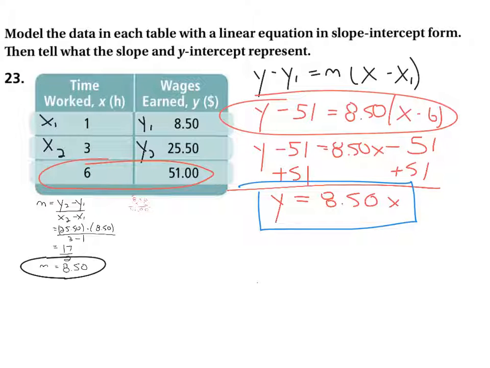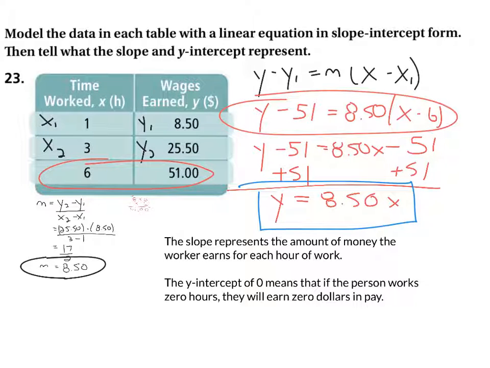So the slope is, we can say, okay, the slope represents the amount of money the worker earns for each hour of work. They earn $8.50 for each hour of work.